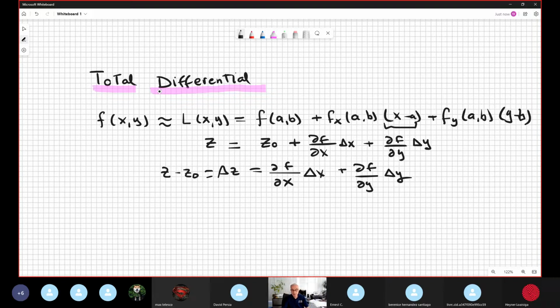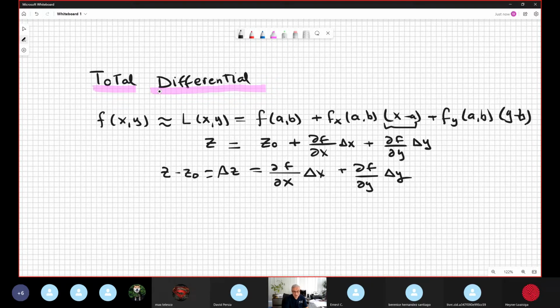When you measure something using a rule or a specific instrument, the measure is never 100% accurate, and you have error. So you want to study the propagation of the error inside the formula. We apply the formula. That formula is called total differential.